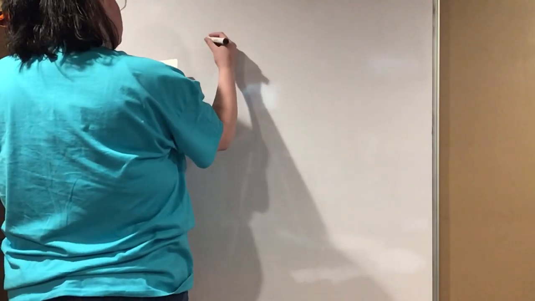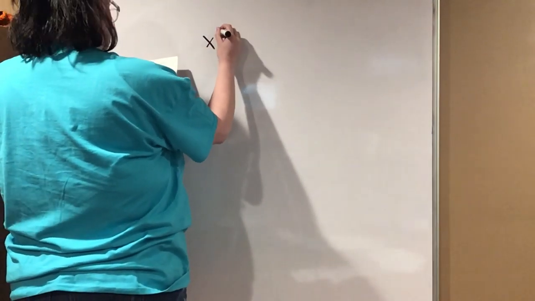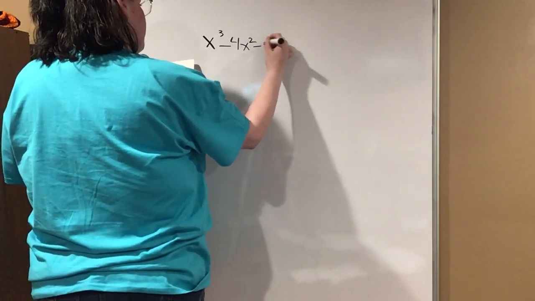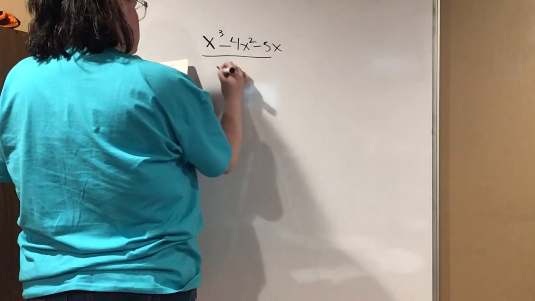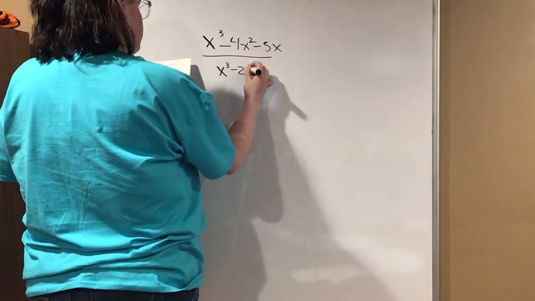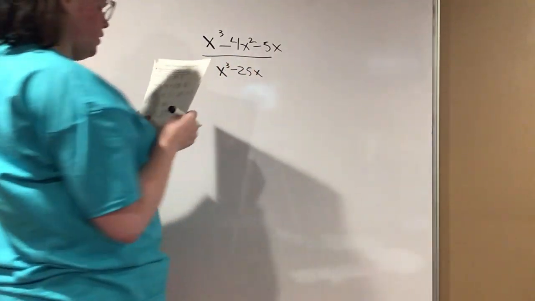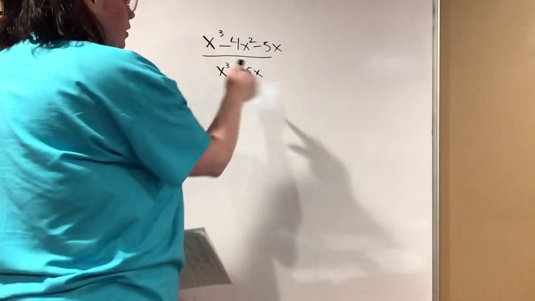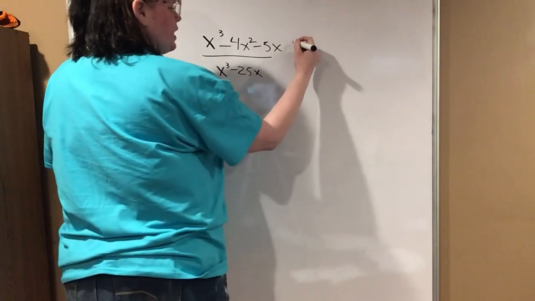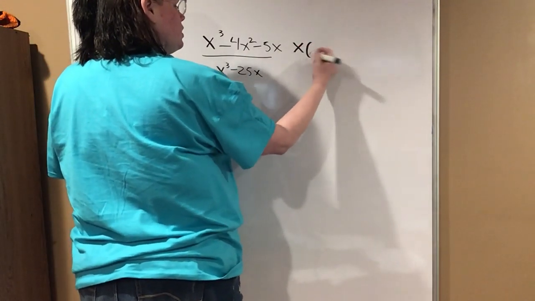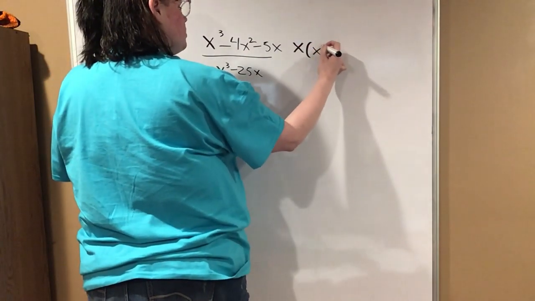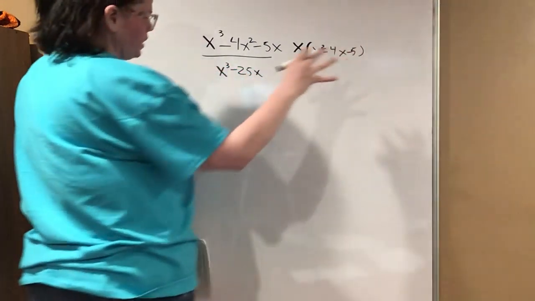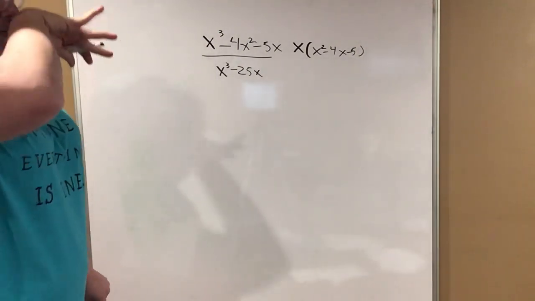Okay, so let's look at something like this: x cubed minus 4x squared minus 5x over x cubed minus 25x. First of all, again, we're going to look at them like separate entities, because they are. On this top one, I can take out an x, and I'm left with x squared minus 4x minus 5. But we're not done, because we can keep factoring that one.